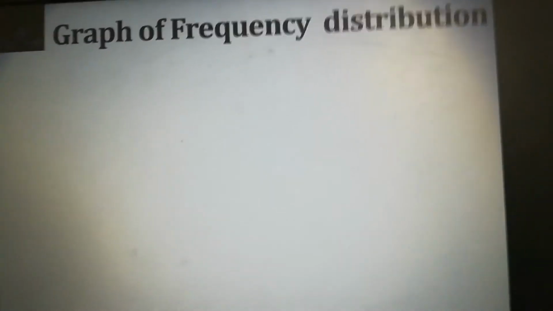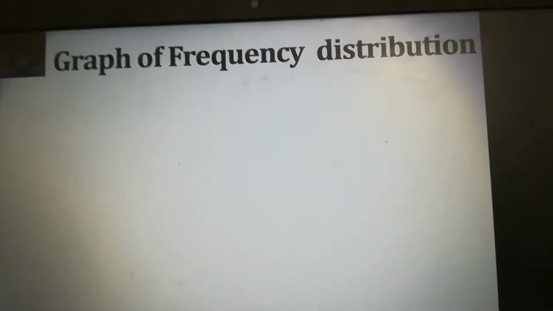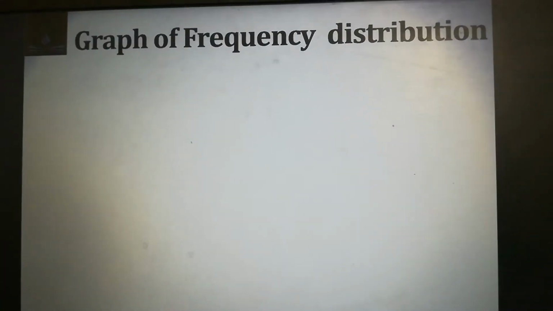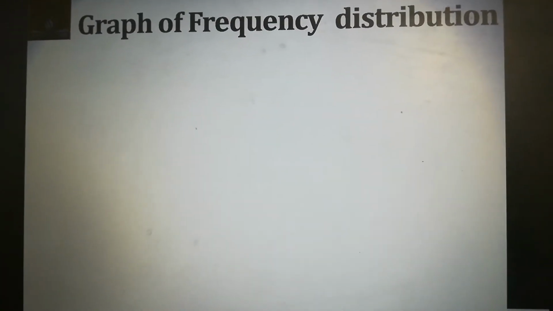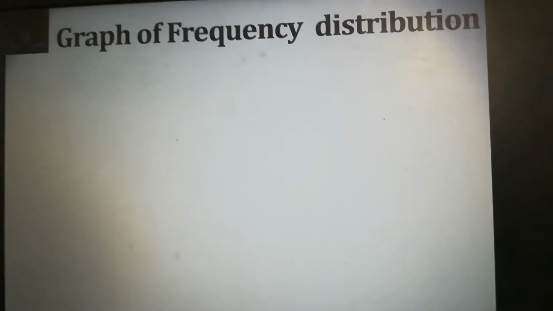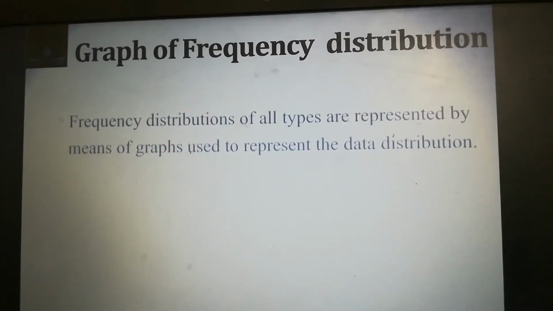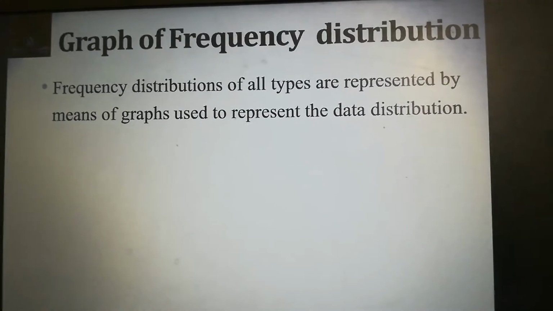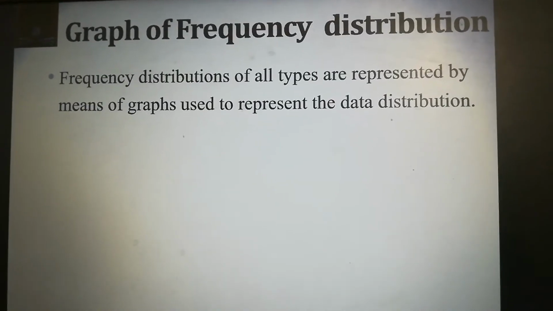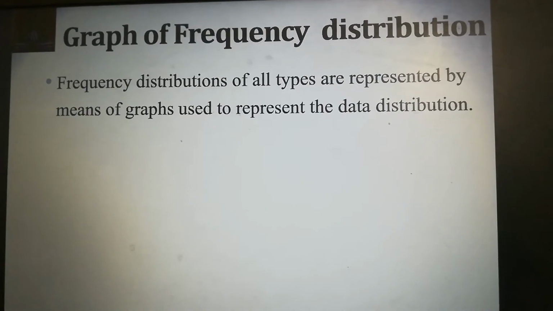Next one is the graph of frequency distribution. The graphs of frequency distribution are commonly the frequency curve and the frequency polygon. In general, frequency distributions of all types are represented by means of graphs.